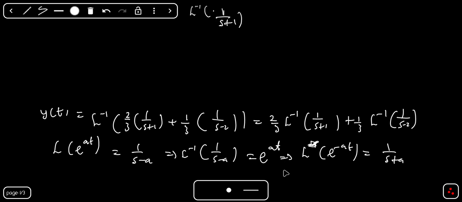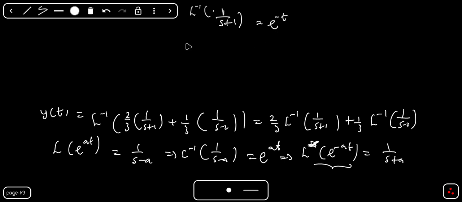We are using this formula right here, which is the Laplace transform of e raised to the power of negative at. This is having plus, and then what is our value of a here? Our value of a will be 1. So this will be equal to e raised to the power of negative t.